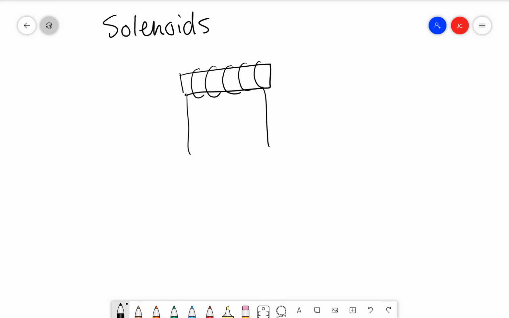The core doesn't always have to be there. But there is a core material here, and there's a coil of wire wrapped around it. Solenoids usually have a stronger B field intensity than straight conductors because there's so much more conductive material in a small space because it's wrapped around. Look how many loops are in this space.